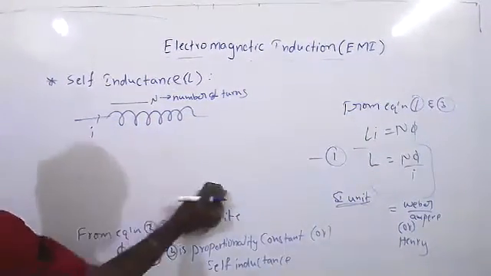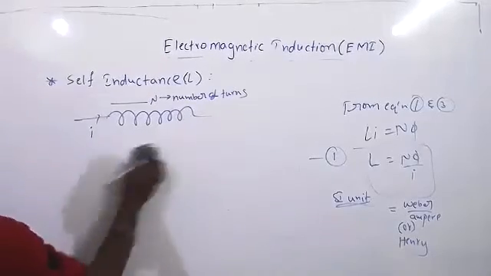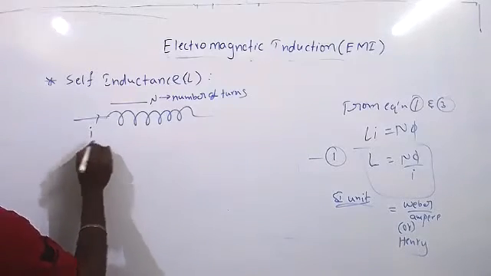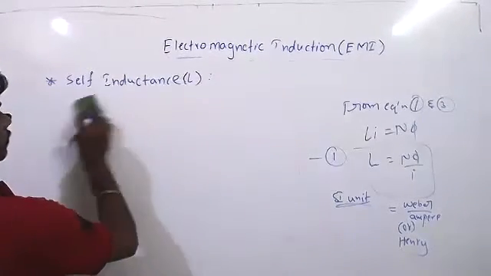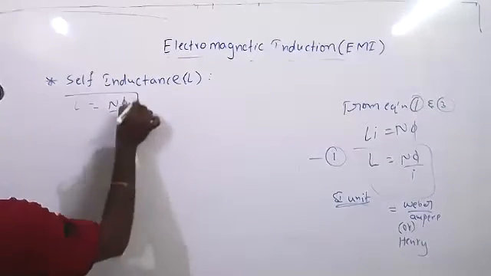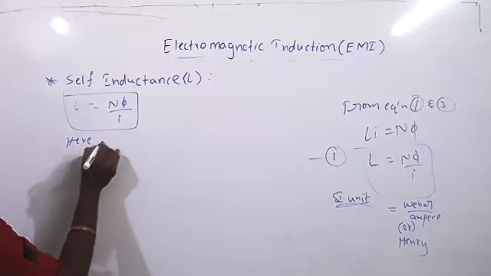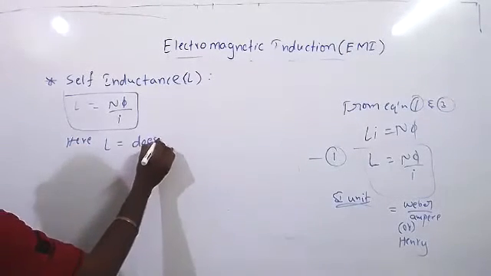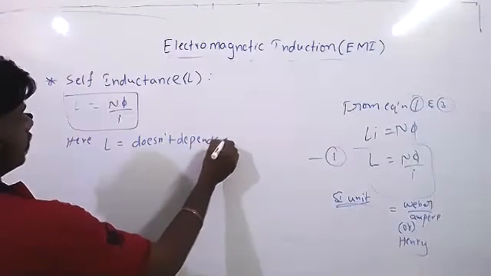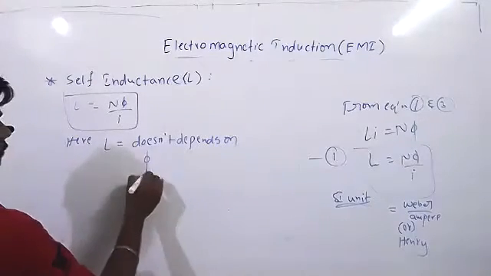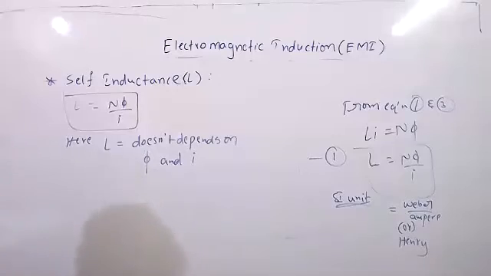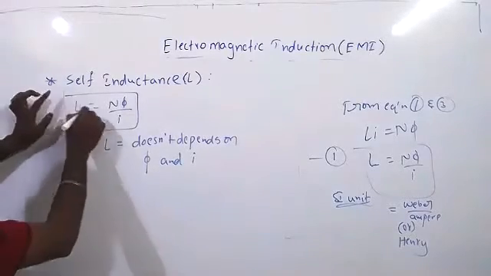Let's see now. Suppose L equal to N phi by I. Here L doesn't depend on phi and I. L does not depend.